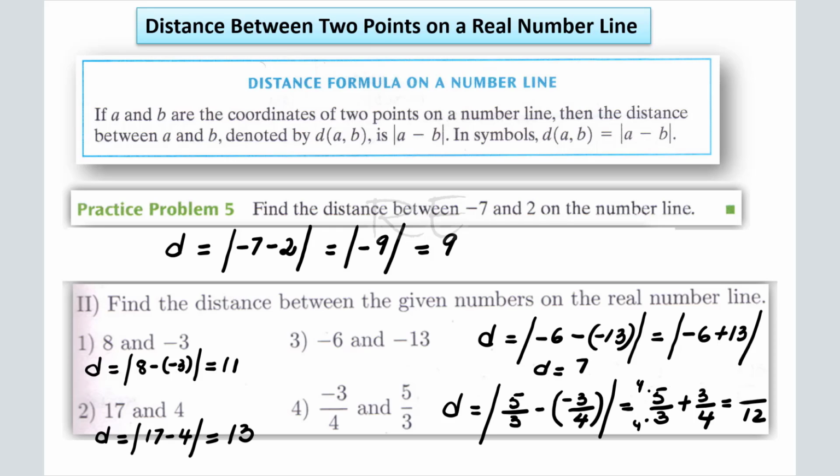The common denominator is 12, the lowest common denominator. 4 times 5 is 20, and then 3 times 3 is 9. So that distance is equal to +29/12.